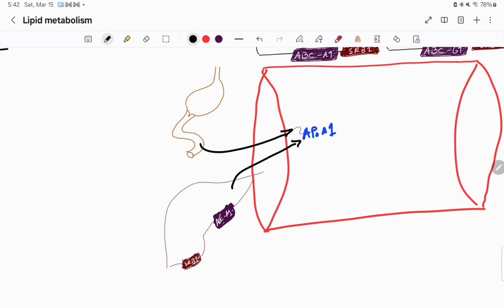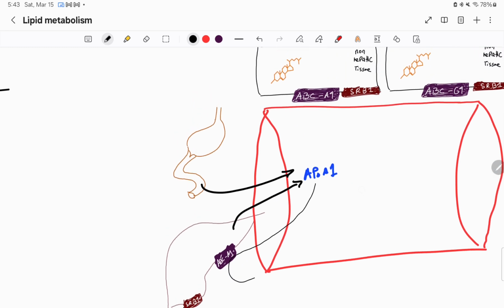And the way this ApoA1 turns into a lipoprotein is that it first has to become lipidated. What does that mean? It has to acquire some lipids. What kind of lipids? Phospholipids, some cholesterol, all of that stuff. So how does it do that? Well, this ApoA1 acquires the phospholipids and cholesterol by interacting with the liver's ABCA1, the ATP binding cassette A1.